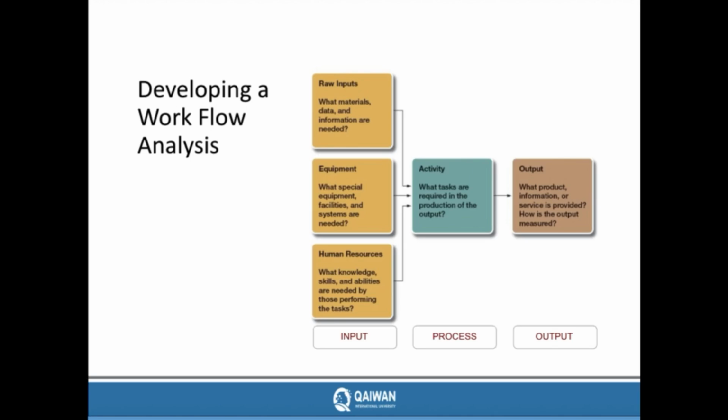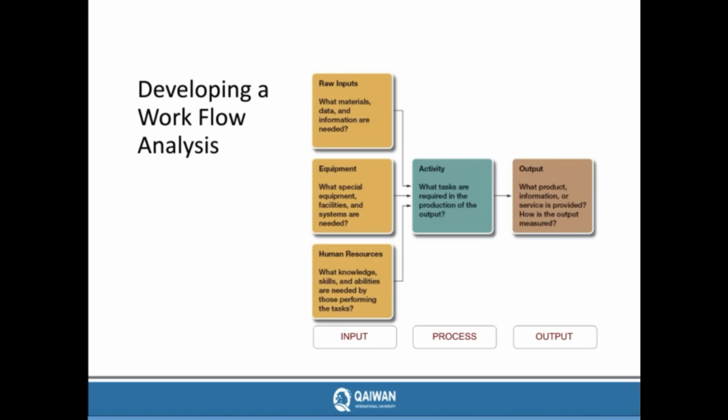Human resource managers need to study these steps carefully. This is what we call developing a workflow analysis, because every organization looks at work in 3 main parts. The first one is input, the second one is process, and the third one is output. This is a very important model.